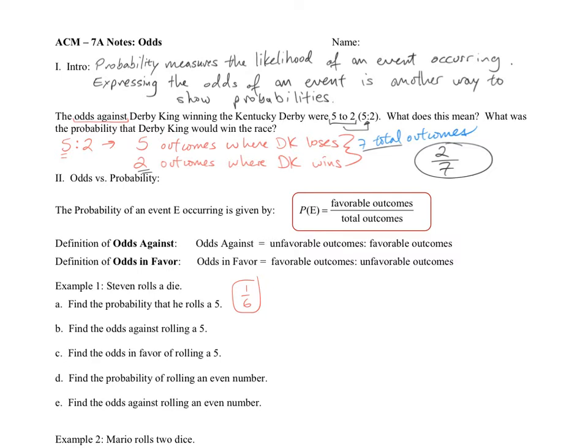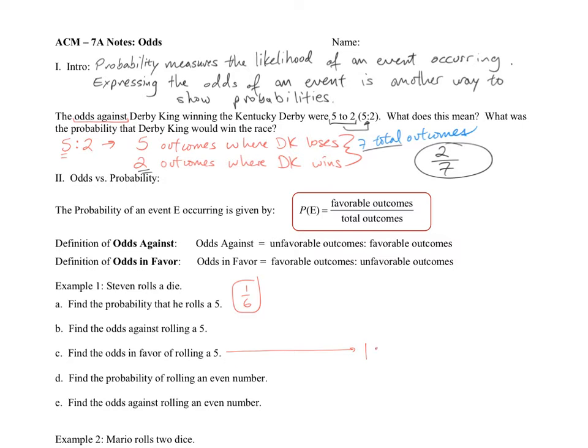Let's look at C first, because C is going to make a lot more sense with what we just figured out here. Find the odds in favor of rolling a 5. That is, the first number would be how many outcomes would give you a 5 if you roll one die. Well, that's just 1. You have one outcome that is a 5.